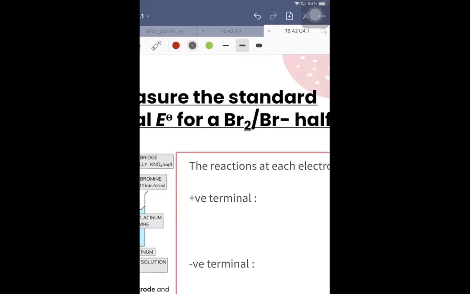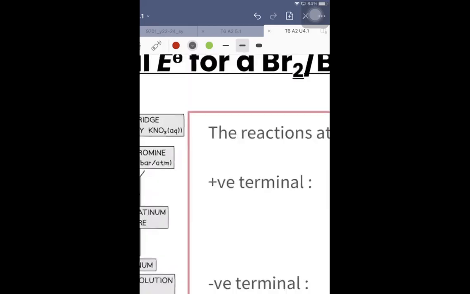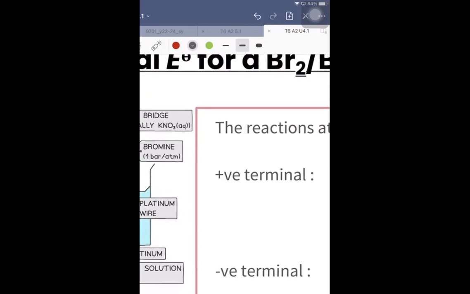That's fine too. It works because you have a nonmetal element, which is Br2 or Cl2, and then you have a nonmetal ion, which is Cl minus if you're using chlorine, or Br minus if you're using bromine. So here I am using bromine.